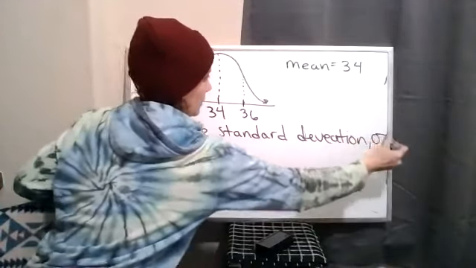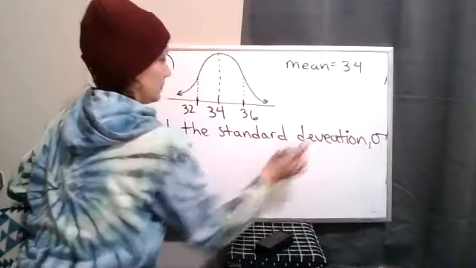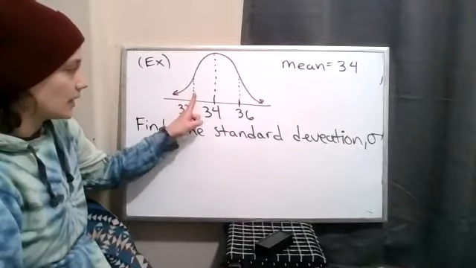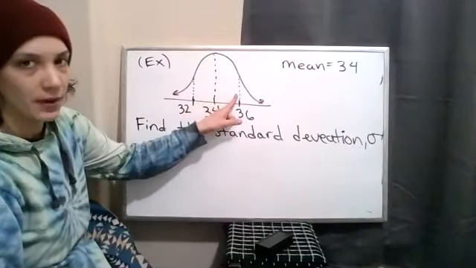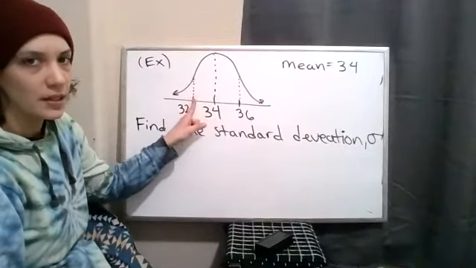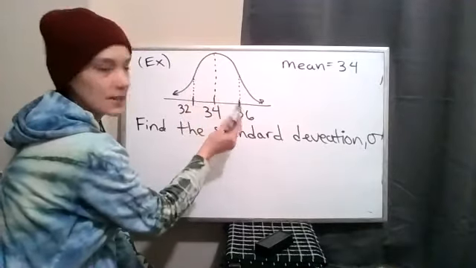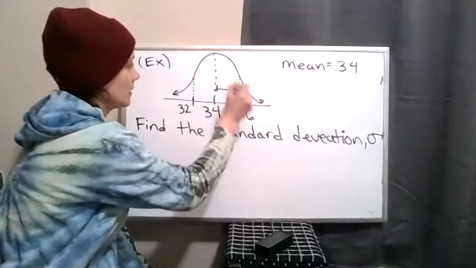So you can use this side of the graph or this side of the graph, but it's the distance between 32 and 34, or from 34 to 36. So from here to here.